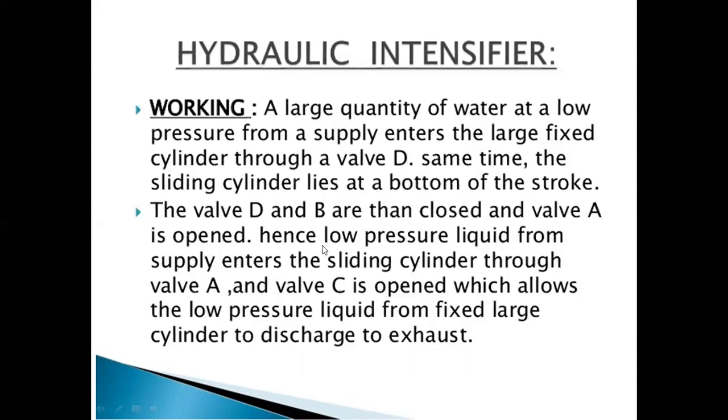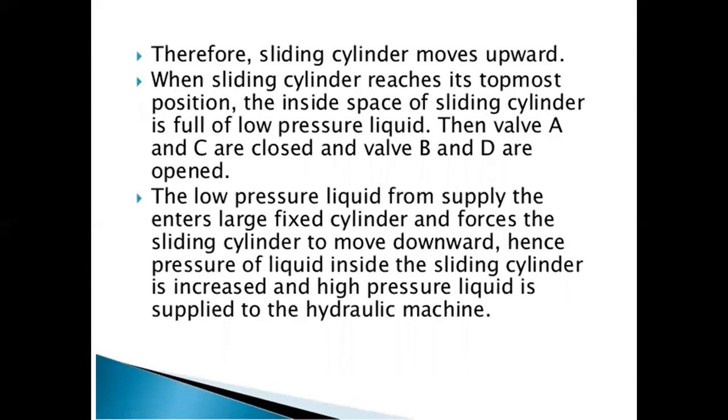Hence low pressure liquid from the supply enters the sliding cylinder through valve A, and valve C is open, which allows the low pressure liquid from the fixed large cylinder to discharge to exhaust, as I have already discussed in the previous diagram. Therefore, the sliding cylinder moves upwards.